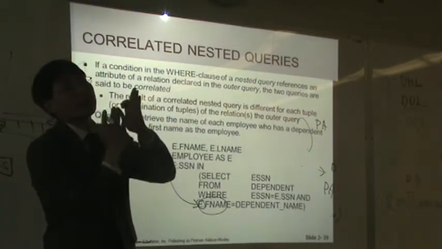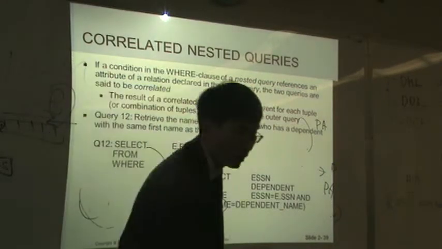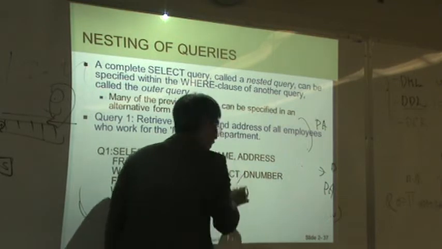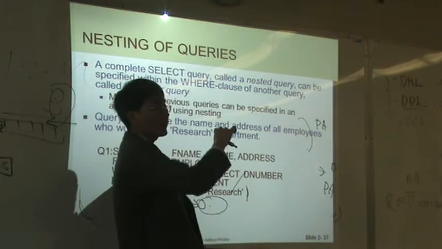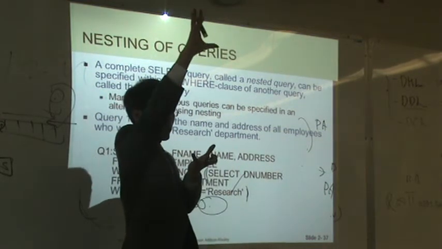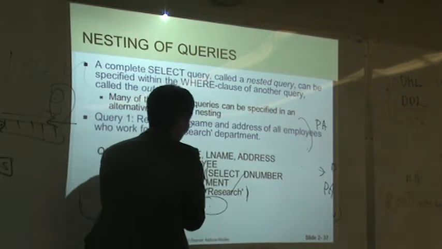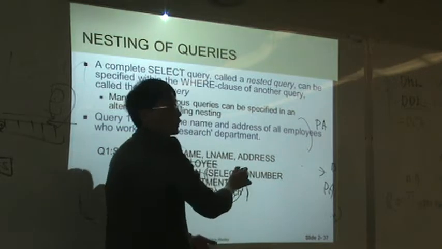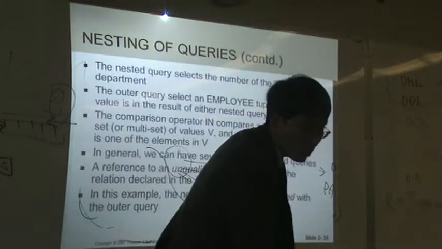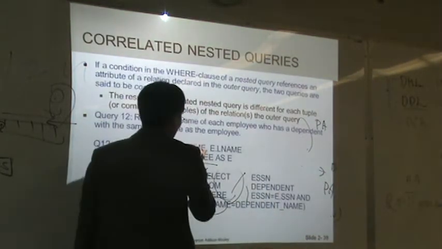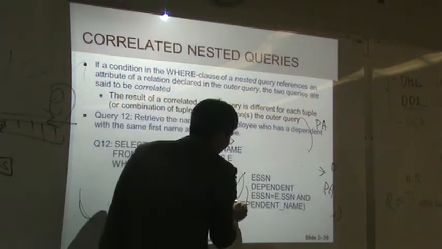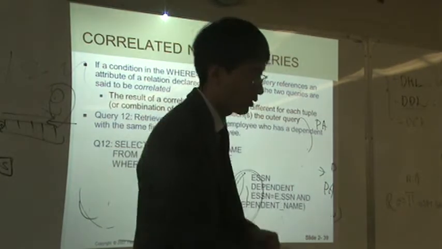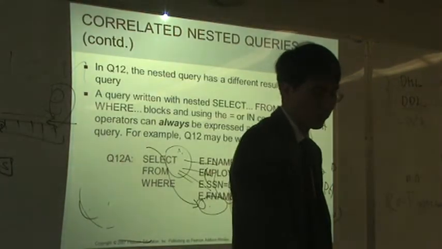They are correlated. Here, you can run this one just one time and save it in temporary memory, then run this query row by row and compare with the output. But for this one, you need to run this query for each employee every time because it's correlated. This is called a correlated query.